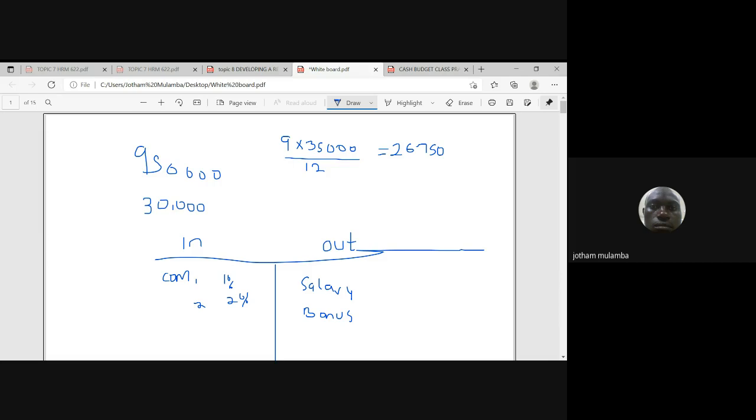We multiply by 35,000 because each employee earns 35,000 for a whole year. Then we divide by 12 so that we establish how much the company pays as salary per month. Somebody has given us a figure of 26,250. Yes, 250.